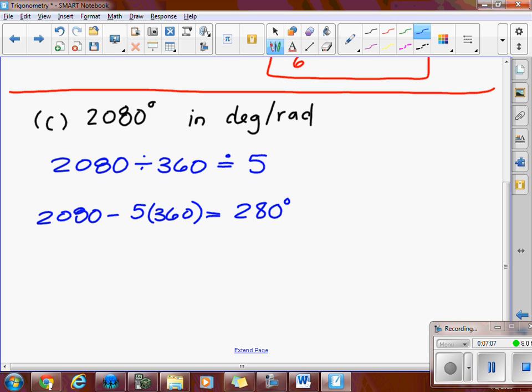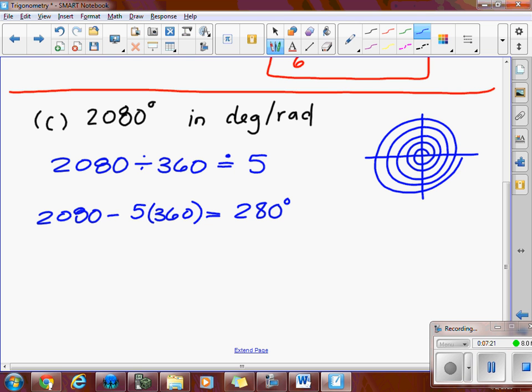So basically, if I uncoiled this whole thing, I would have started here and said, okay, there's 1 rotation, 2 rotations, 3 rotations, 4 rotations, 5 complete rotations, and now I have to go an additional 280 degrees to see where this terminal arm is. Well, that would be way over here. So this is the angle we're actually looking at.